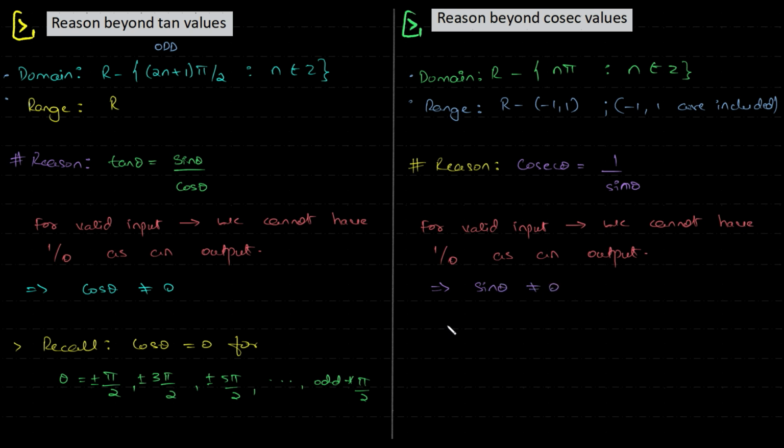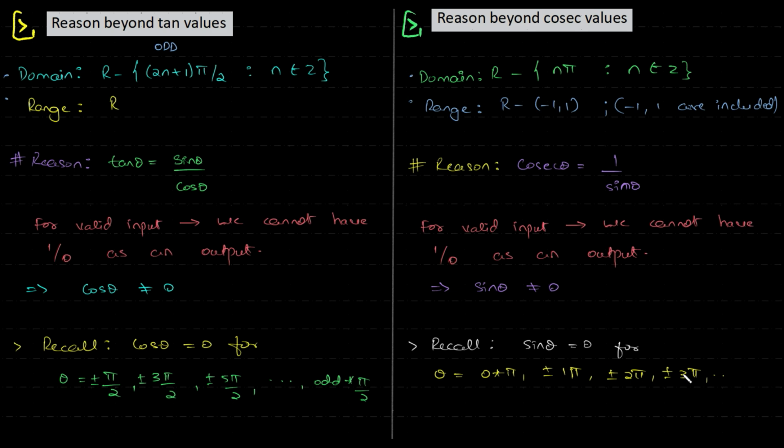And now the recall aspect. Let's recall that sine theta is equal to 0 for which scenarios? Theta is equal to 0 into pi, plus or minus 1 into pi, plus or minus 2 into pi, plus or minus 3 into pi, and so on and so forth.